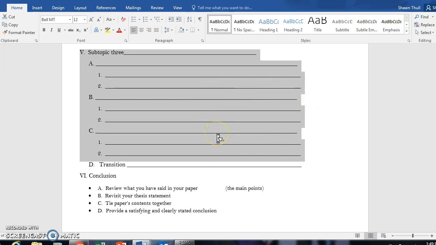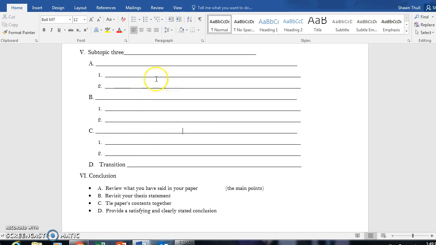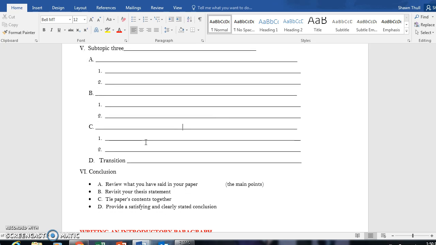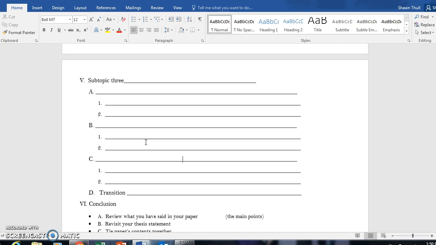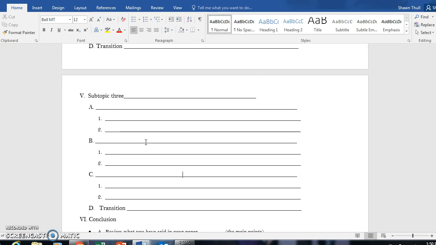I need you to have that filled in on Monday, and then your note cards organized into these different paragraphs too. And then on Monday we're going to talk about thesis statements and transitions and get that hammered out.